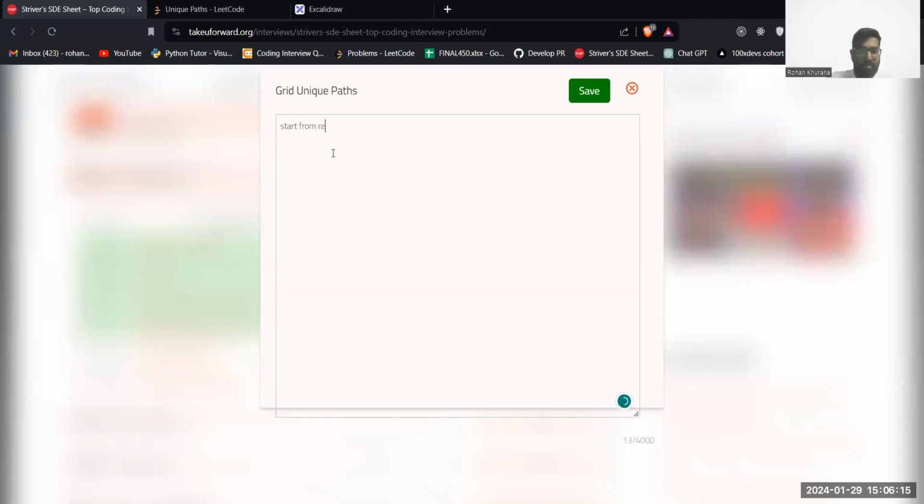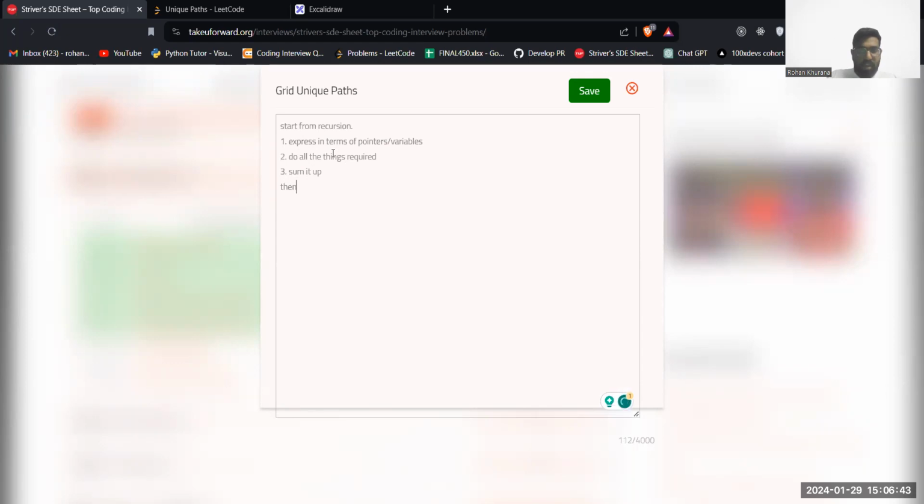Start from recursion, express in terms of pointers and variables, do all the things required, sum it up.